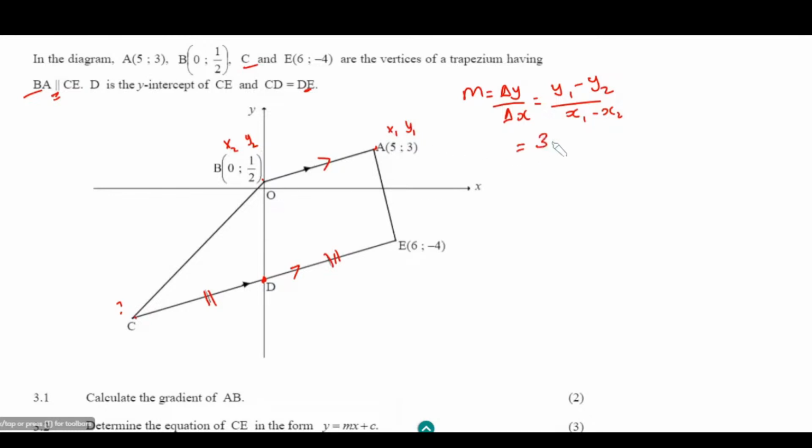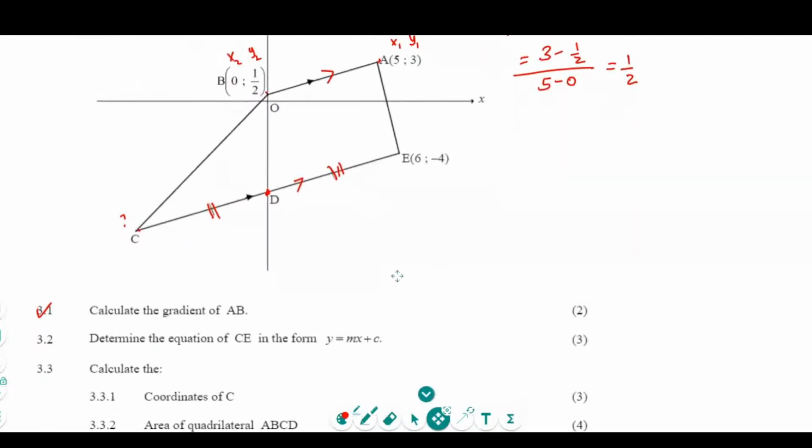So that is 3 minus a half for the y's, and then I have 5 minus 0. If I put that into my calculator, 3 minus 1 over 2, I'm dividing it by 5. This gives me a half. So which means my gradient is a half, or 0.5. 3.1 answered.